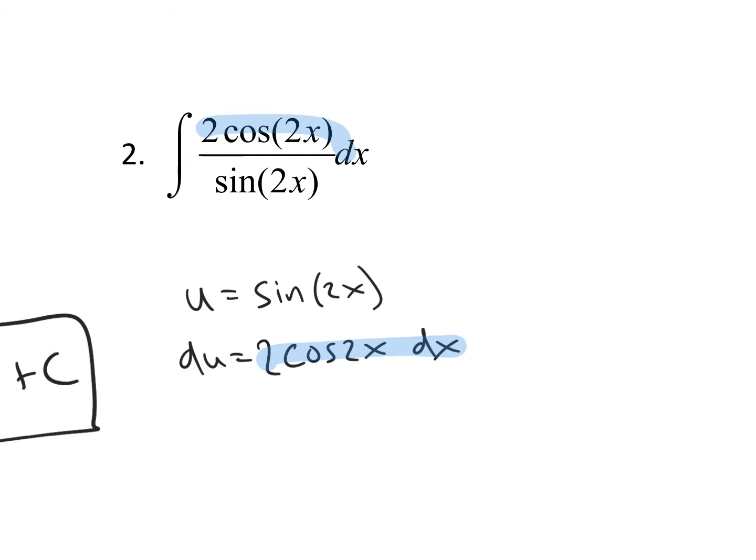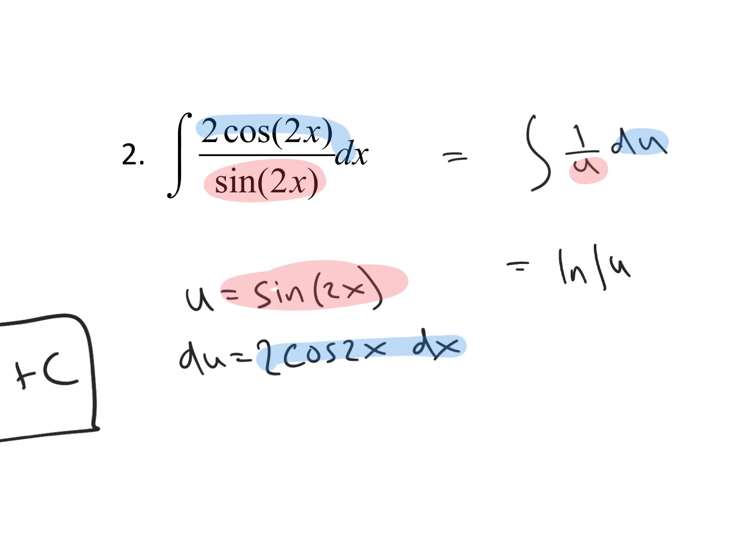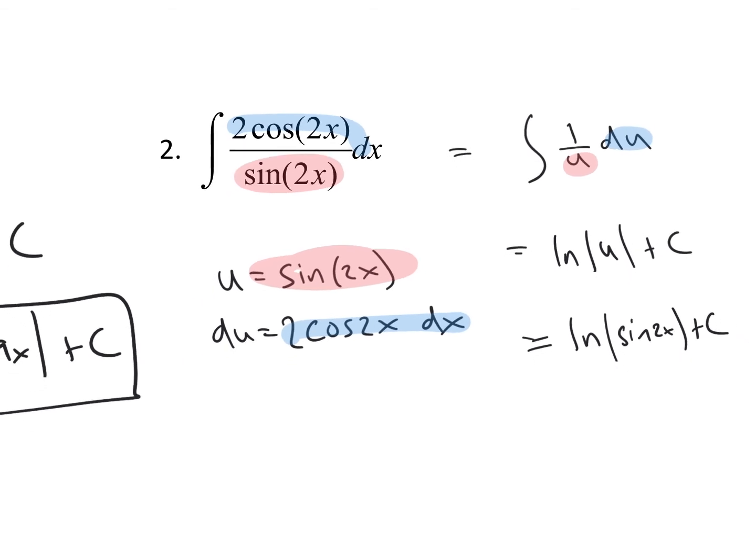So we have the integral of 1 over u du. There's the 1 over u part, and then in the blue, that creates the du. That's just natural log absolute value of u plus c, which is natural log absolute value of sine of 2x plus c. Not too bad, nothing new, right?